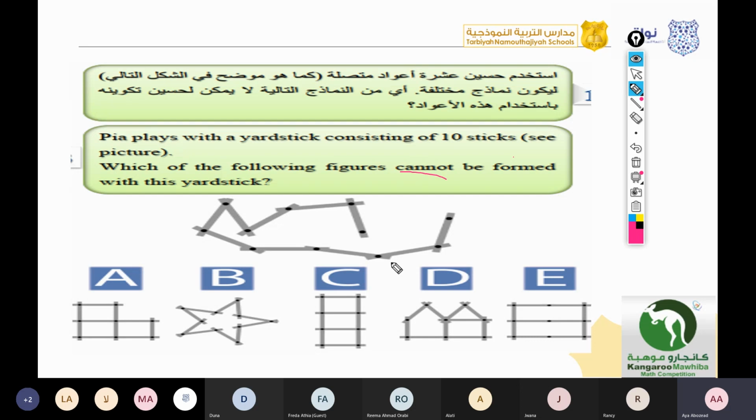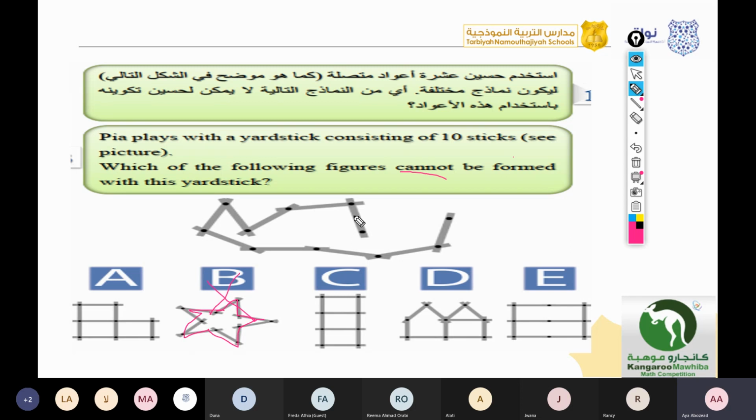Duana and Banan, thanks, you have the true answer. Now, let's start. B is actually the first one I will remove. If I start with any of them, I can make it like this. It doesn't interrupt.